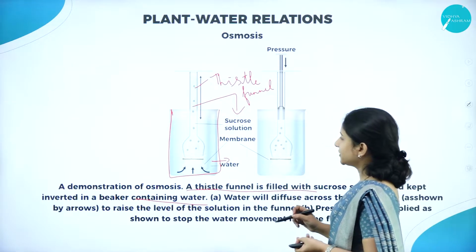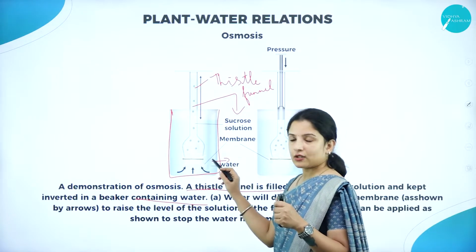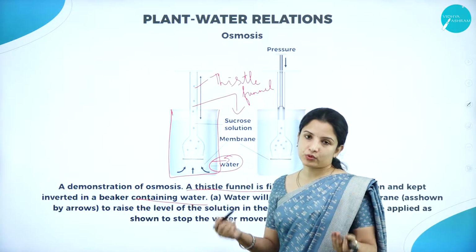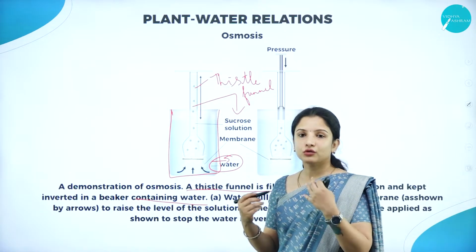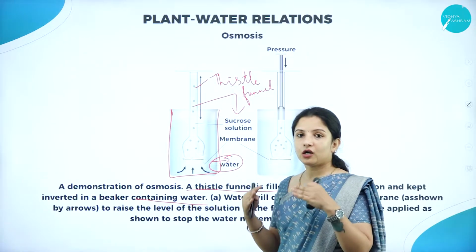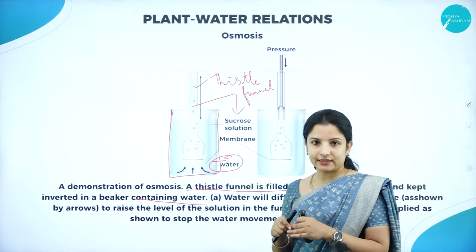So now where are the water molecules more? Here, right? The water molecule is more here. Why is it more here? Because it is pure water. There are no solute particles at all in this particular water in the beaker. So in the beaker, water molecule is more, and here the water molecules are less, right?